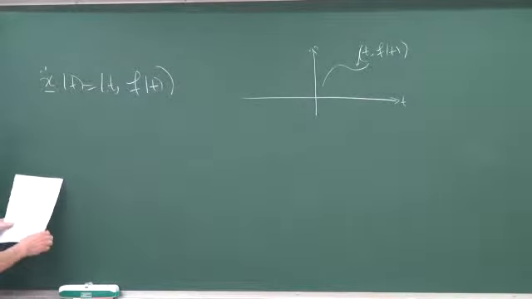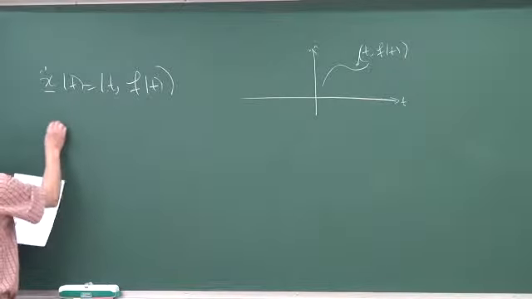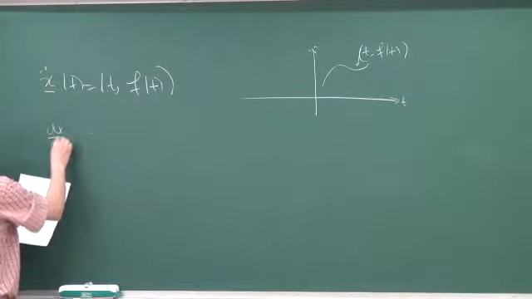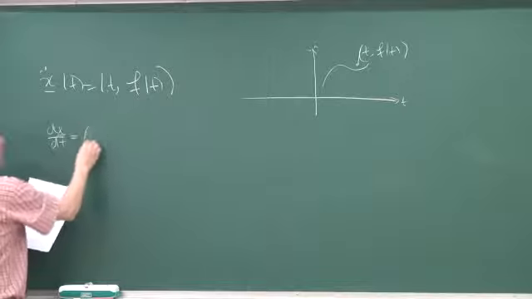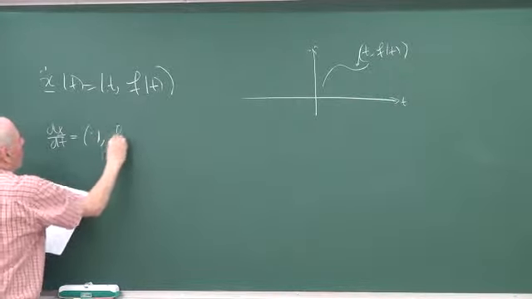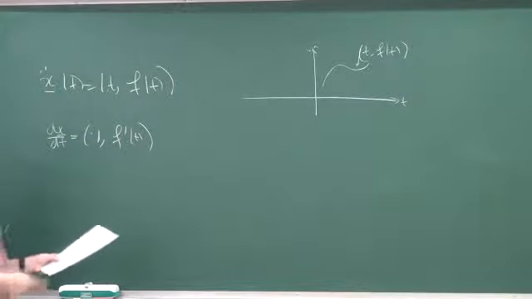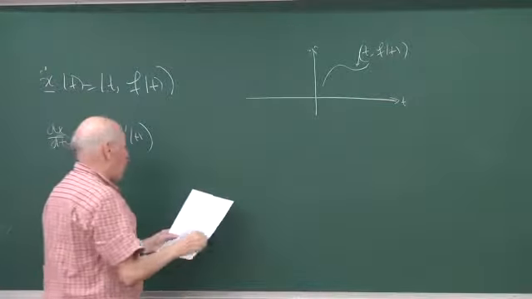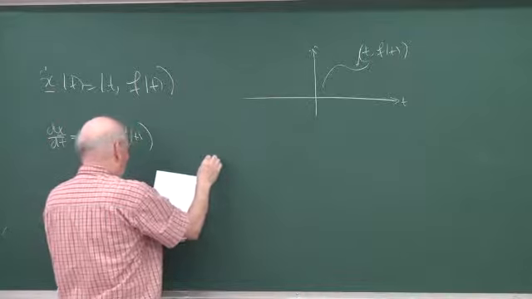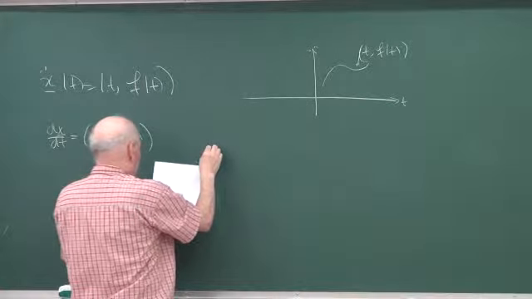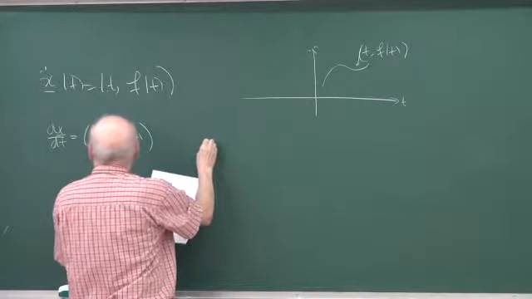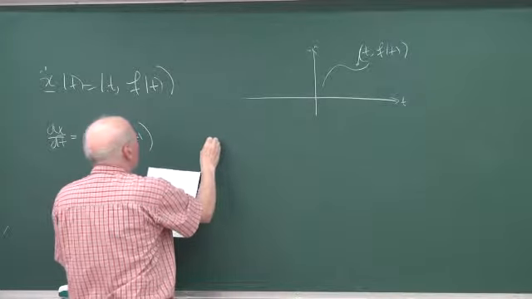So what's dx/dt? It's the vector 1, f prime of t. Just to work it out once. Then I have to compute dx/ds. So what's the s?